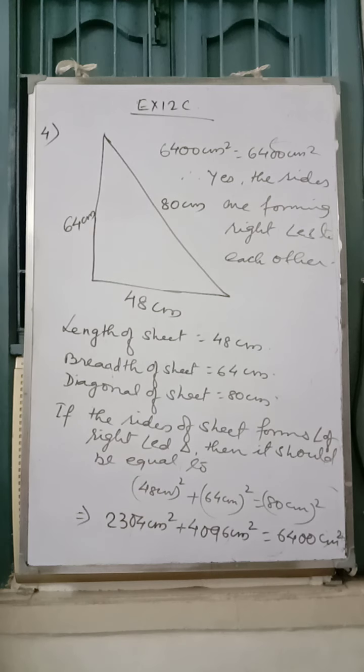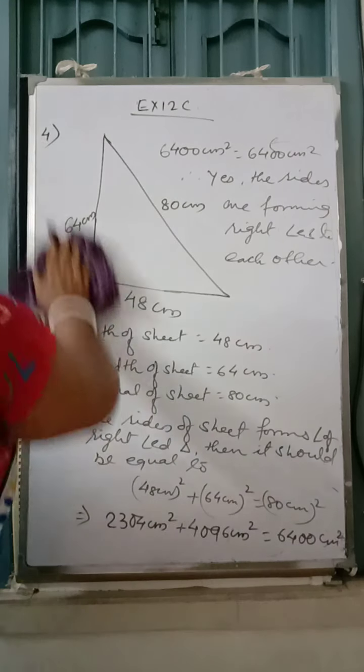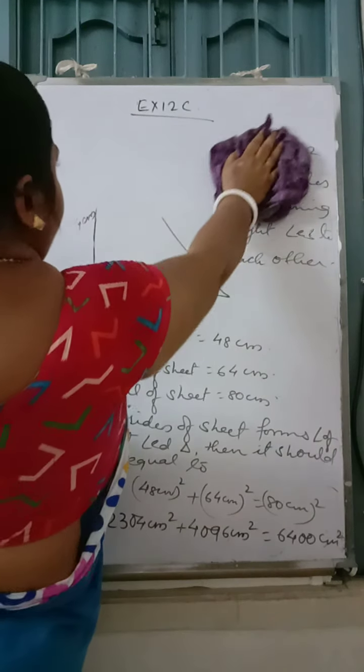Question number 5, it says, a boy starts from home and travels 60 meter west, then turns at a right angle towards south. He goes 11 meter and reaches to the post office. How far is the post office from his home diagonally? Now, just see.